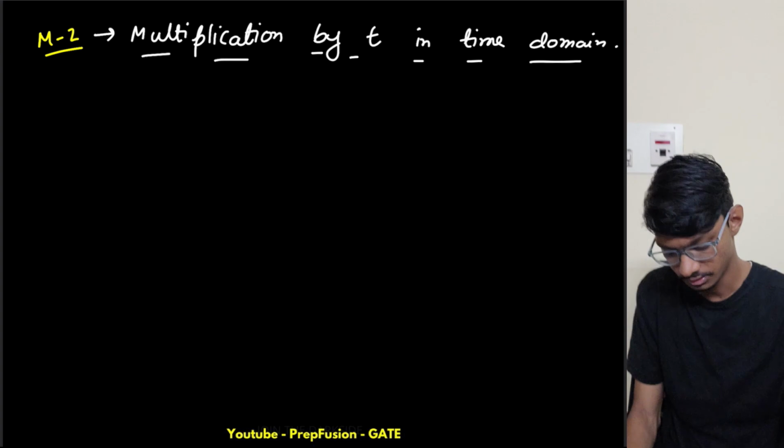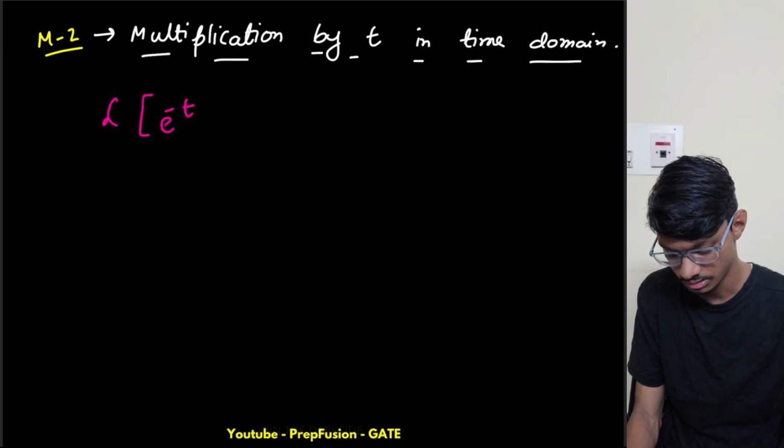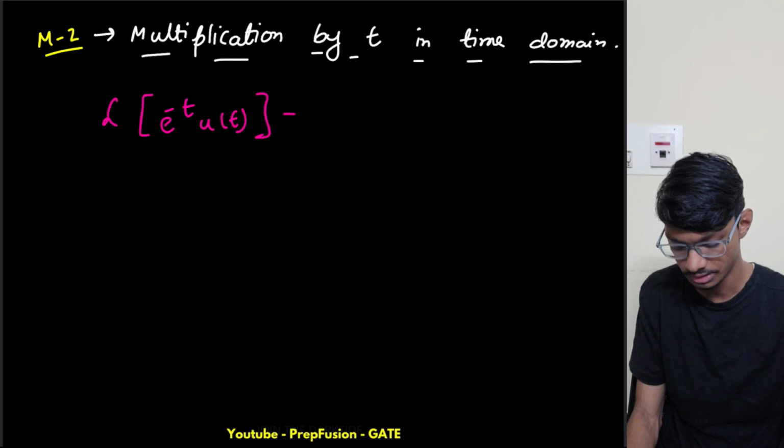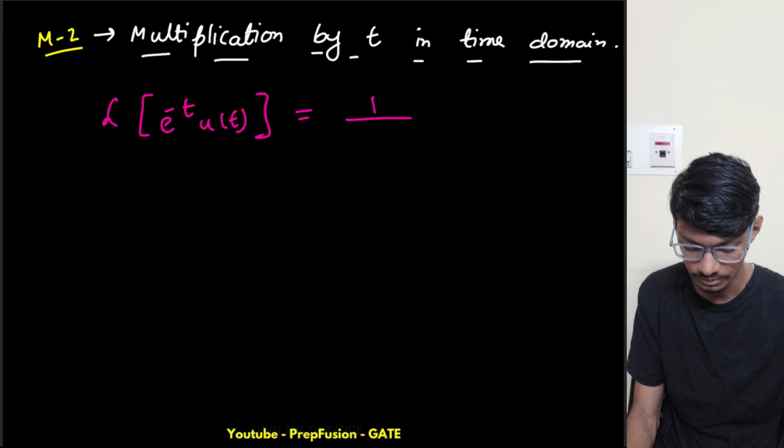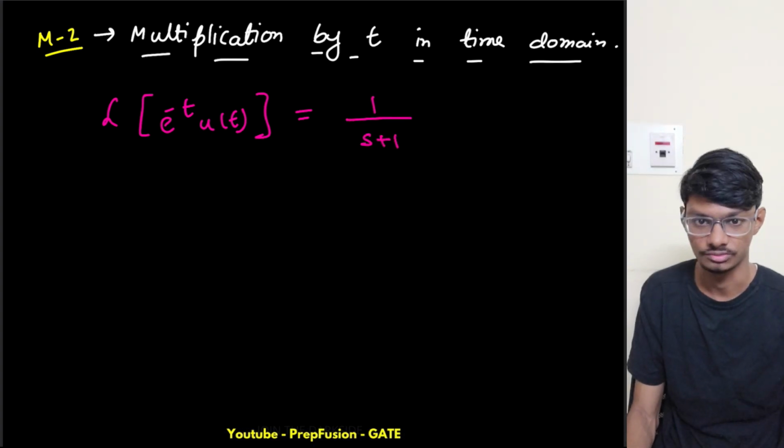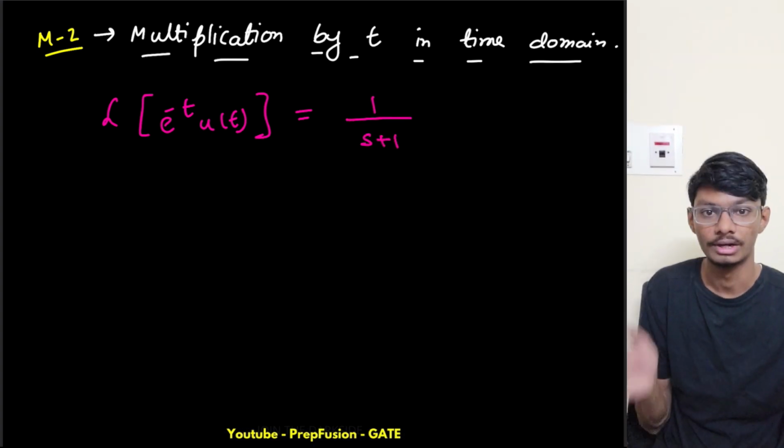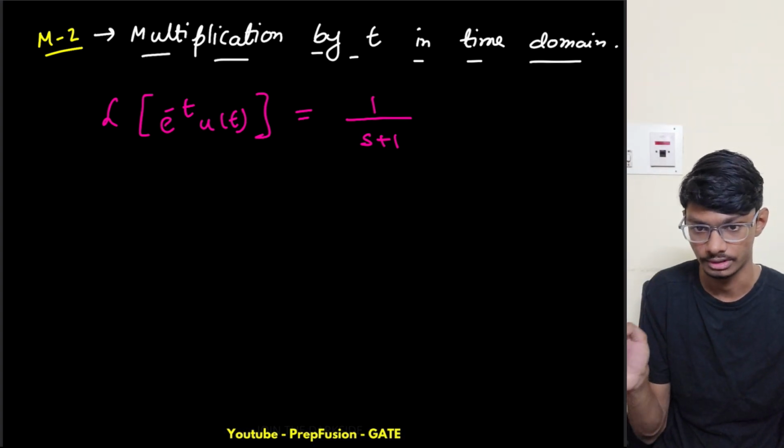Laplace transform of e raised to power minus t u of t, just an exponential signal, is basically 1 by s plus 1. Now multiply by t in the time domain, so what will happen?